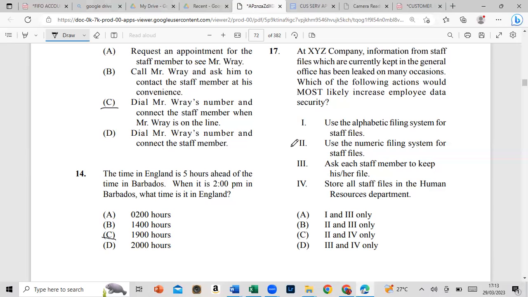No, that one is legit. So that's the first one that we'll use. Ask each of your staff to keep notes. So definitely no. Store all staff files in the human resource department. So that would leave us with C.